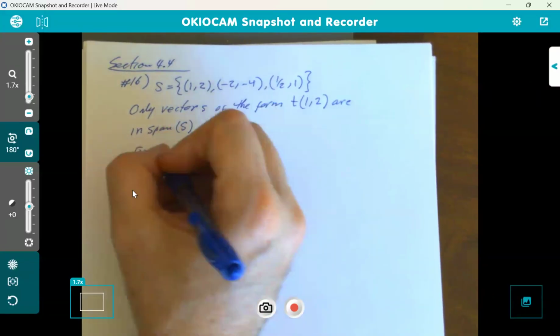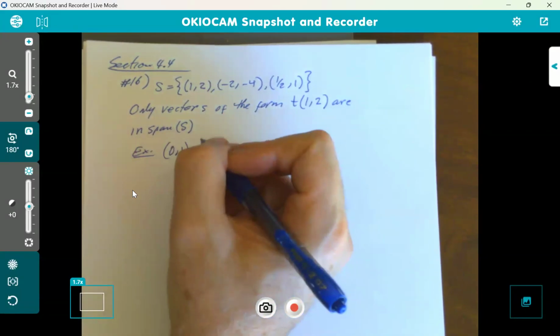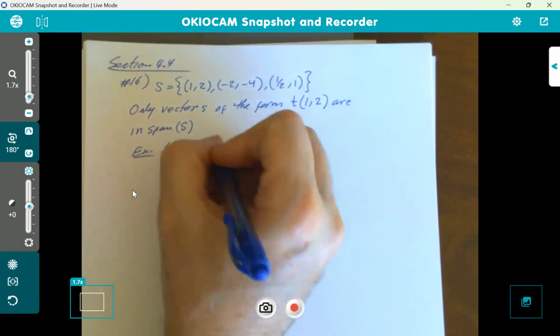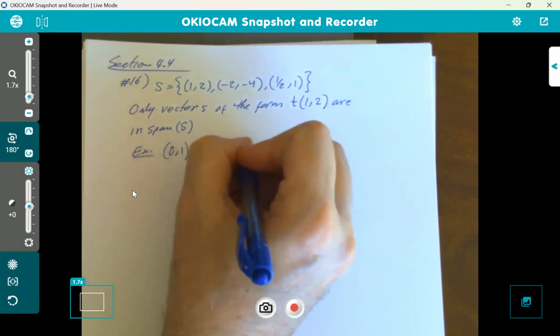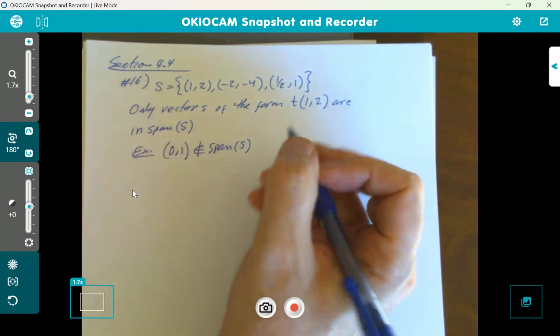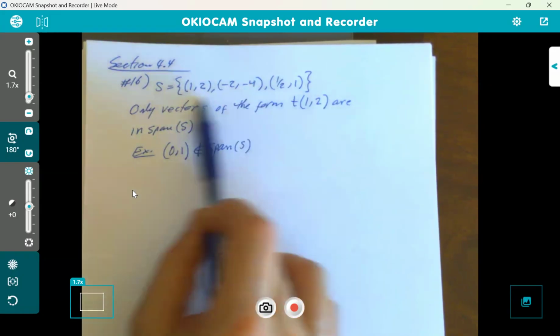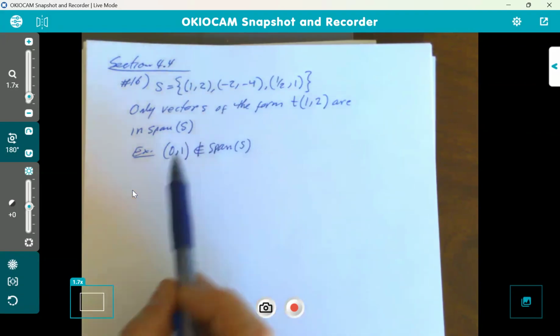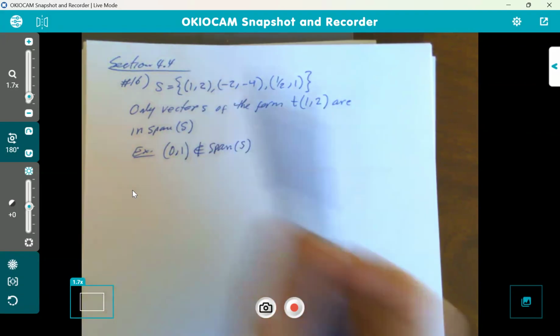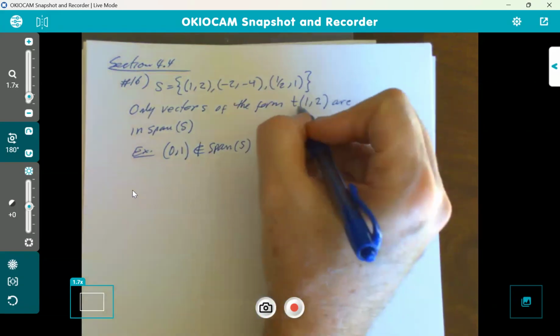For example, (0, 1). (0, 1) is not in the span of S, right? If these span R2, that means every vector, well, (0, 1) is not in that span. And why do I write t(1, 2)?